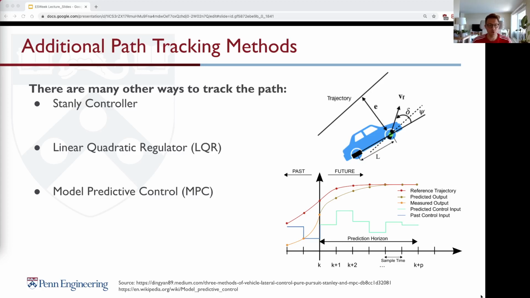Then number two, the linear quadratic regulator, the LQR controller, or the model predictive control, the so-called MPC. Both of them are creating a so-called optimization problem, which means we run an optimization and try to create the best steering angle based on our objective function, again, and based on the constraints.